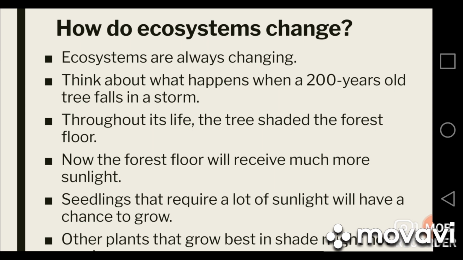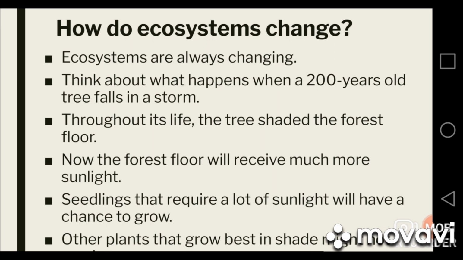So the fallen tree also has some positive and some negative effects. Throughout its life, the tree was shading the forest floor. So if the tree has fallen, the forest floor will receive much more sunlight. That is a positive thing that has been done after the tree fell. The seedlings that require a lot of sunlight will have a chance to grow.